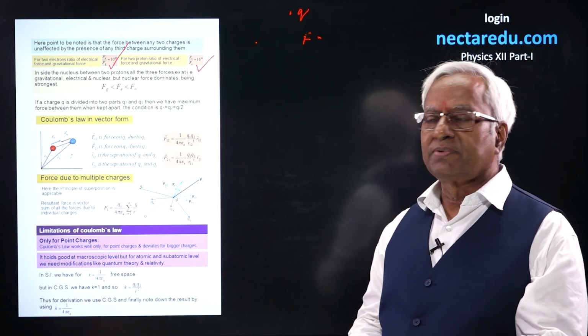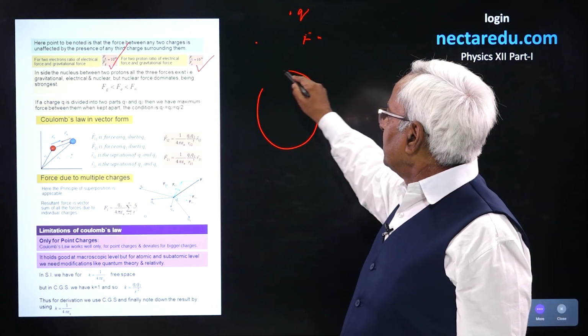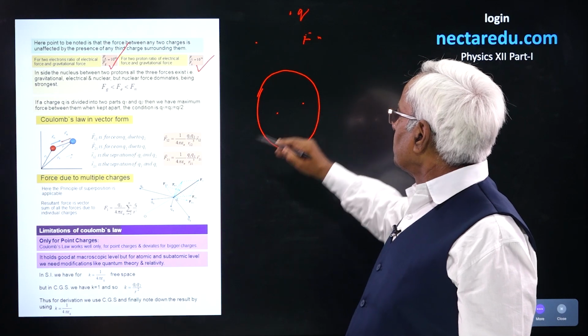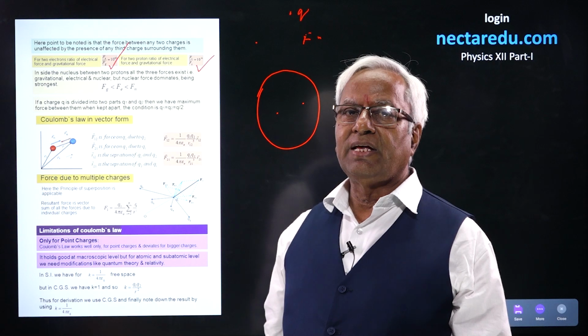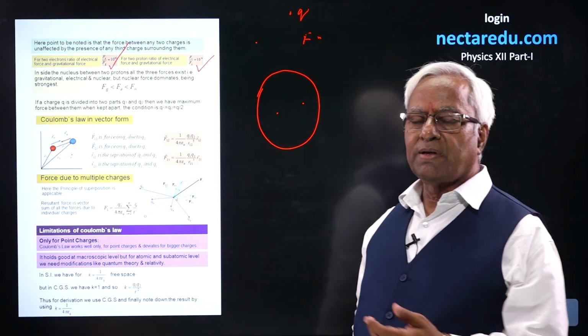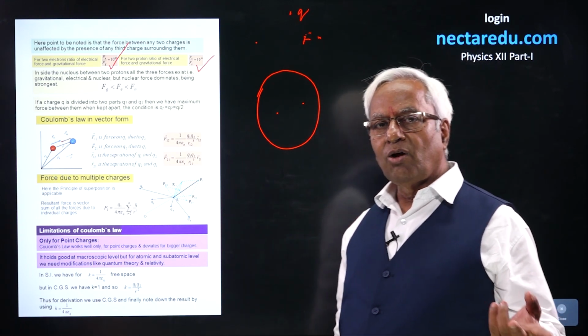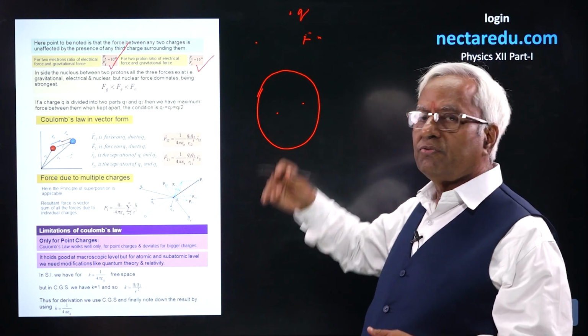That's a misconception. When there are two protons inside the nucleus, they have mass, so obviously they have gravitational force, they have charge, so obviously they must have electrical force, and along with these two, they have nuclear force.